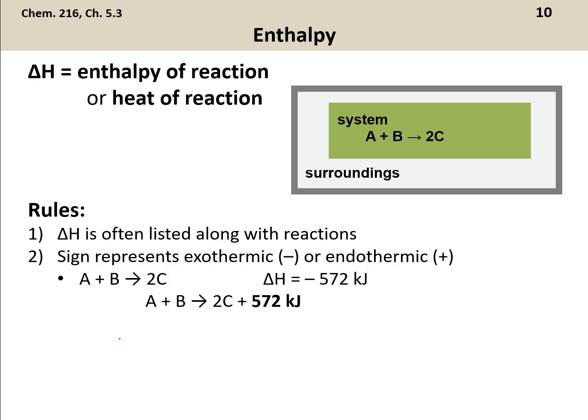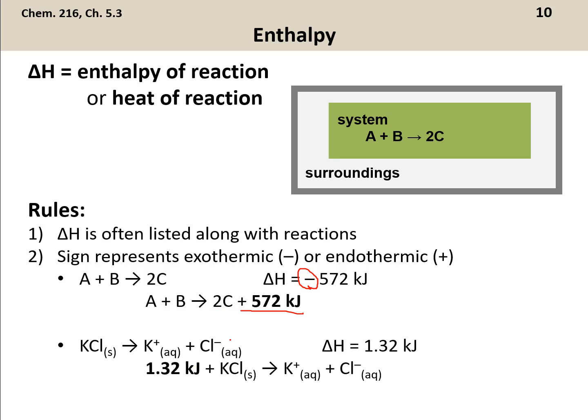If it's exothermic, that means heat is a product, so a negative value means heat is being produced. A positive value, like down here, means that heat is required for that reaction to occur.